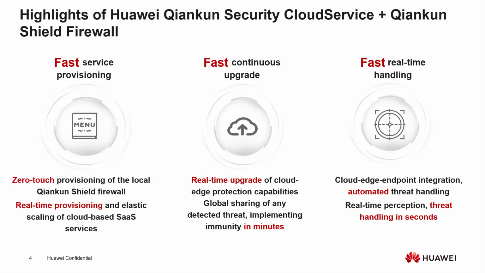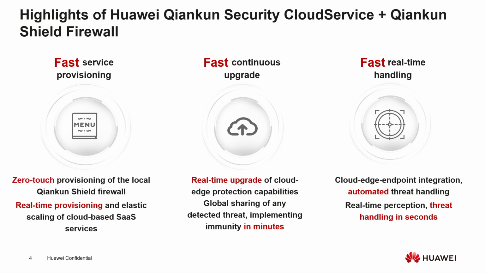As mentioned above, Huawei Qiankun Secure Cloud Service delivers SaaS-based security cloud service to the users and features fast service provisioning, fast continuous upgrade, and fast handling. So for the fast service provisioning, it means that the users can subscribe to the SaaS service on demand, which can be provisioned immediately.